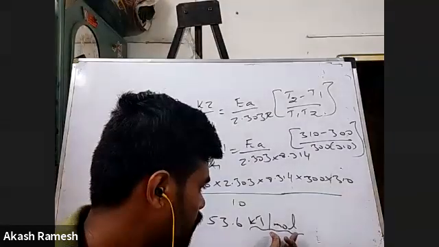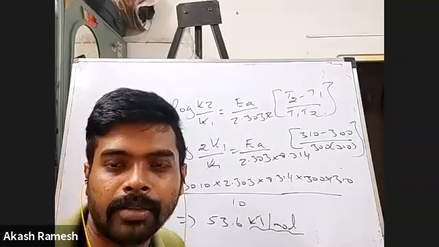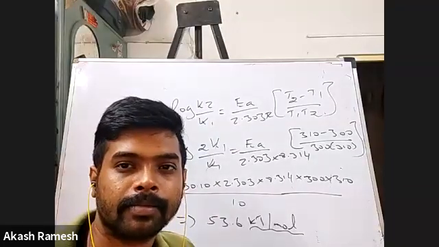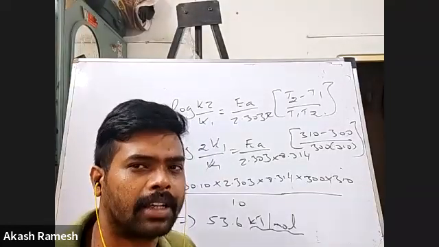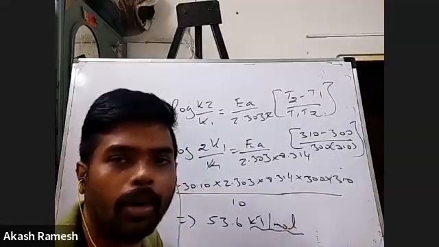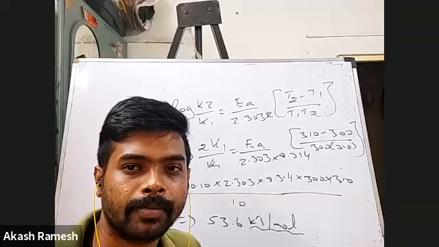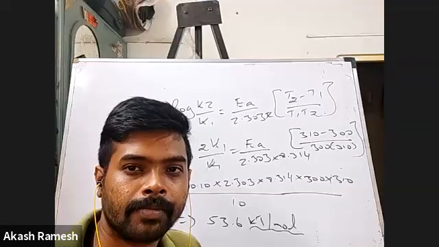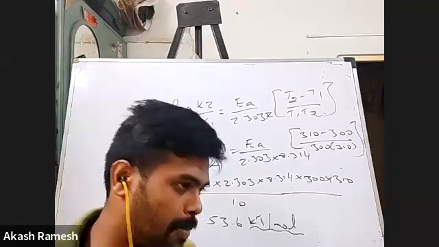So do you know what is the importance of putting this per mole? Any idea or any guesses? Why am I putting per mole in all these energy values? Okay, so I suppose that you don't know.